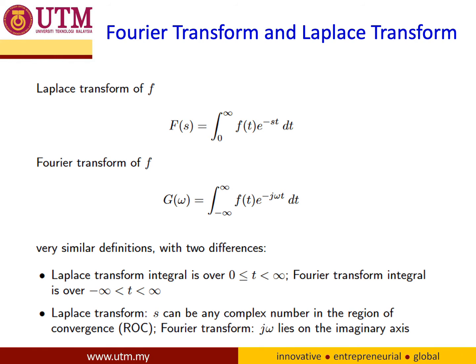Very similar definitions with two differences. The Laplace transform integral is over 0 to infinity, whereas the Fourier transform integral is over minus infinity to infinity. In the Laplace transform, s can be any complex number in the region of convergence, ROC, and in the Fourier transform, jω lies on the imaginary axis.